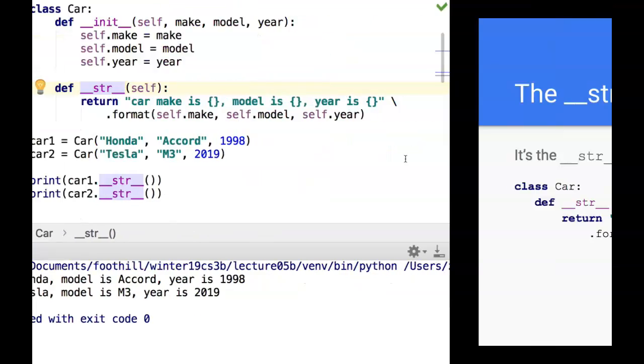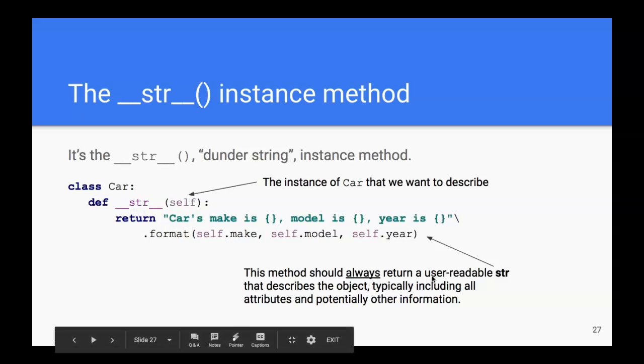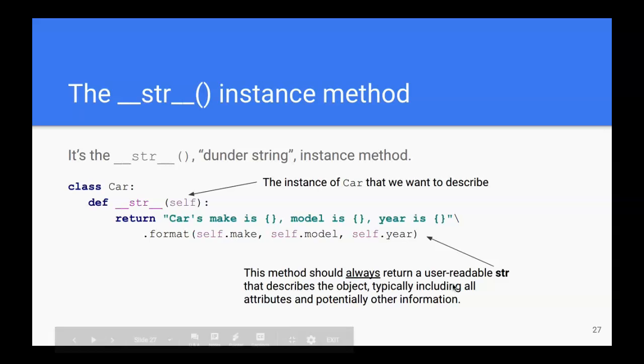Okay, now a few things just about this string method that I kind of already showed, but let me emphasize. The first thing is, yes, the self parameter is the instance of the car that we want to describe. And this string method is expected to always return a user-readable, or human-readable string.